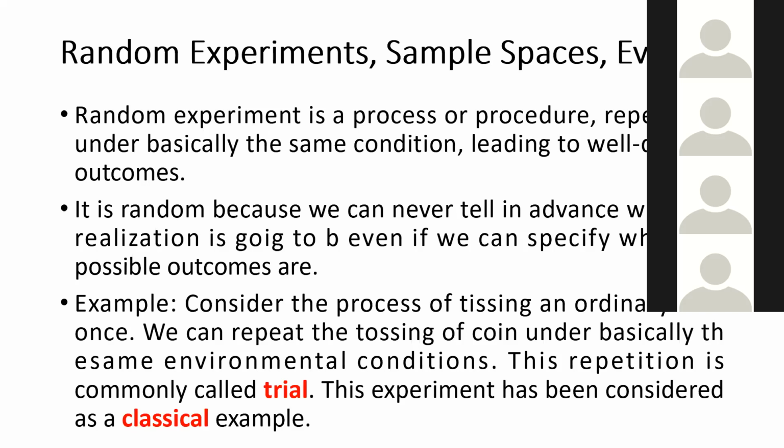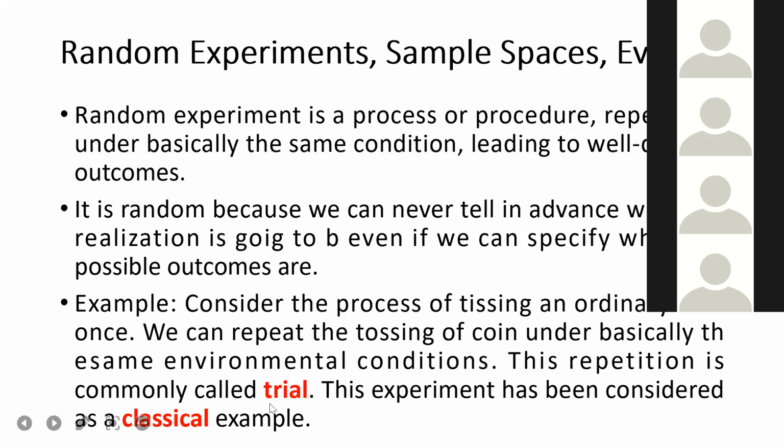When you toss a coin once, ganun pa din yung way mo in the second trial. For the third trial, same condition. Kaya wala kang babaguhing rule when you toss a coin. And it is random because we can never tell in advance. Like I've said, we know what are the possible outcomes. It's either head or tail, but we cannot predict what will be the result when you toss a coin.